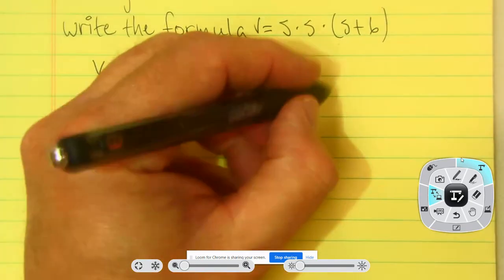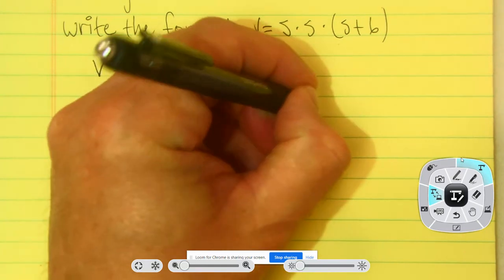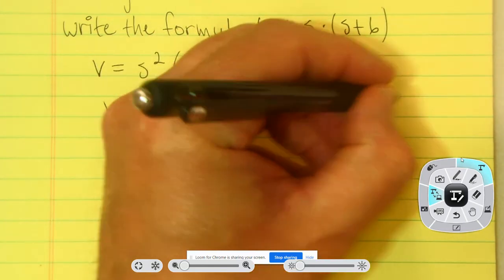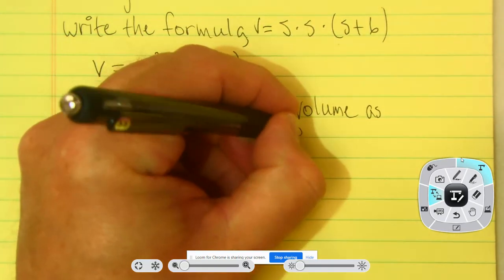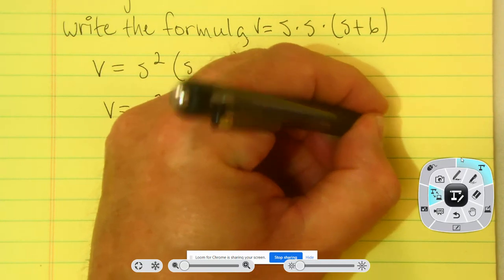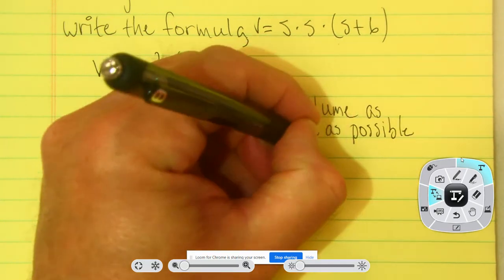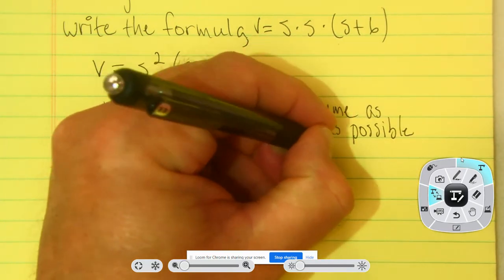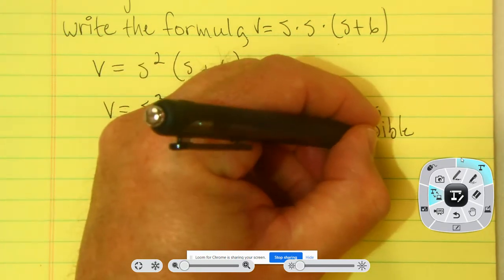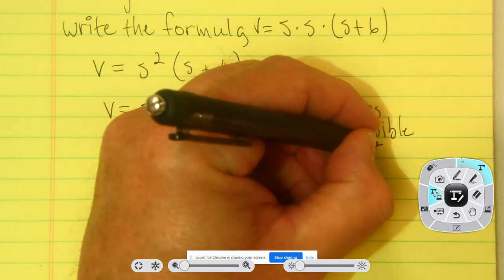Remember, I want this volume to be as close as I can get it to 3,500 inches cubed.